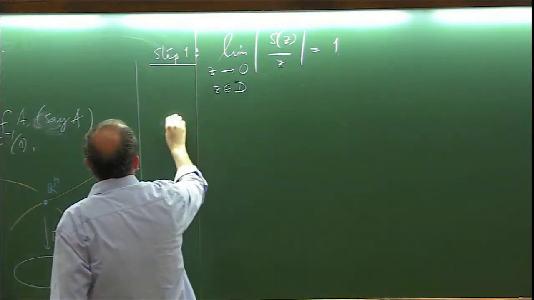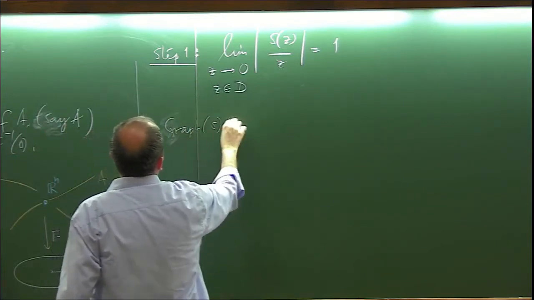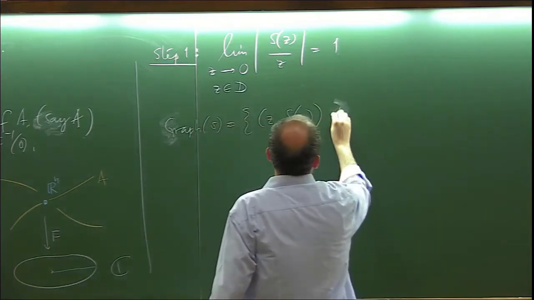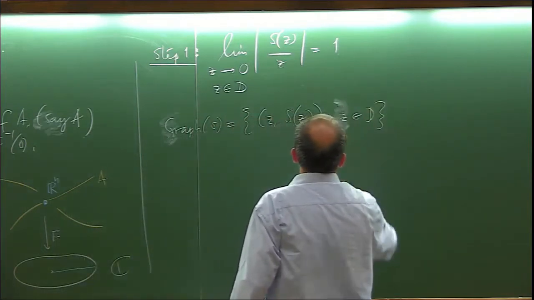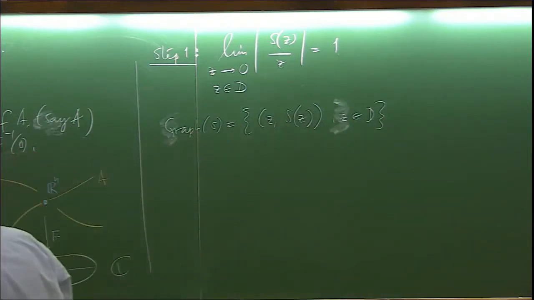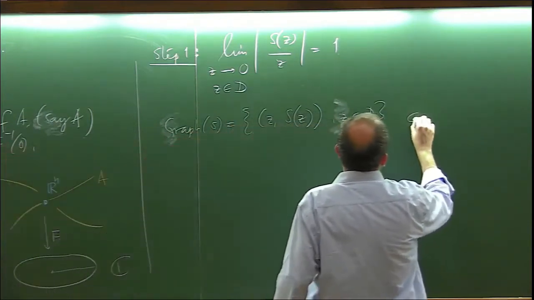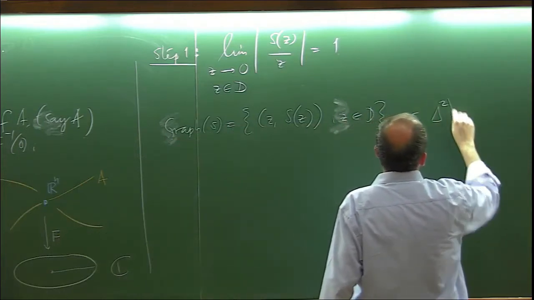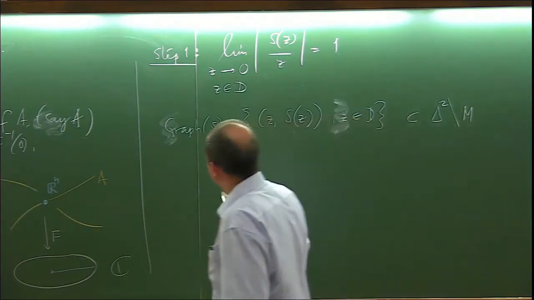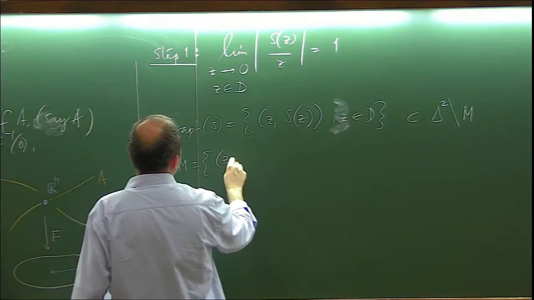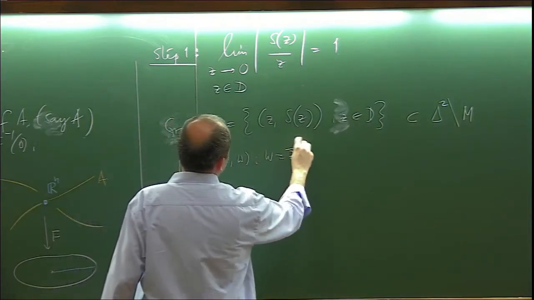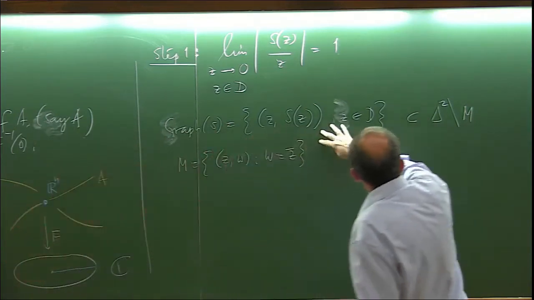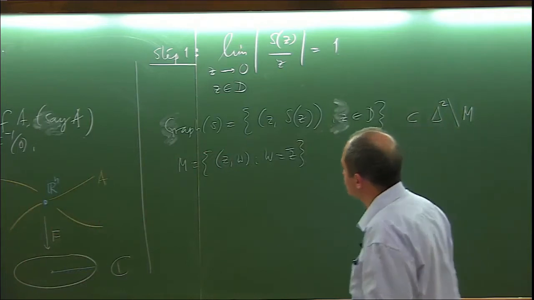So look at the graph of S over D. This is an analytic variety in the bidisk minus M. M, remember, was the totally real manifold which we defined last time, W equals Z bar, right? Because S is equal to Z bar on the boundary, this is a variety in the complement.